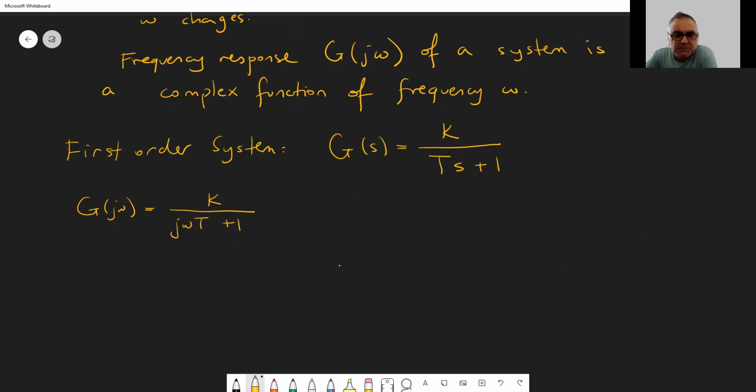Now, in this form, this is not very useful. You want to convert this to real and imaginary part form or to polar form. Polar form is the most useful, actually. So multiply by minus j omega T plus 1 over j omega T plus 1.